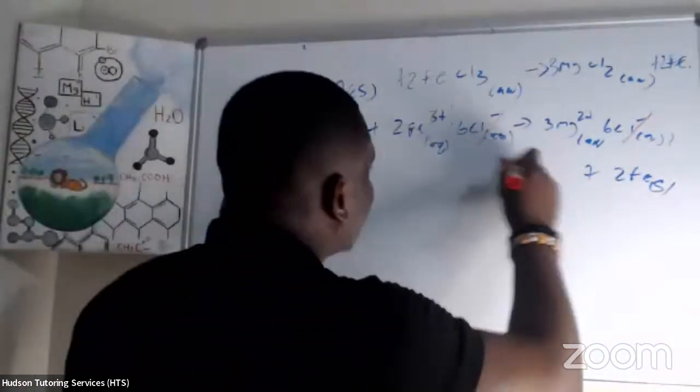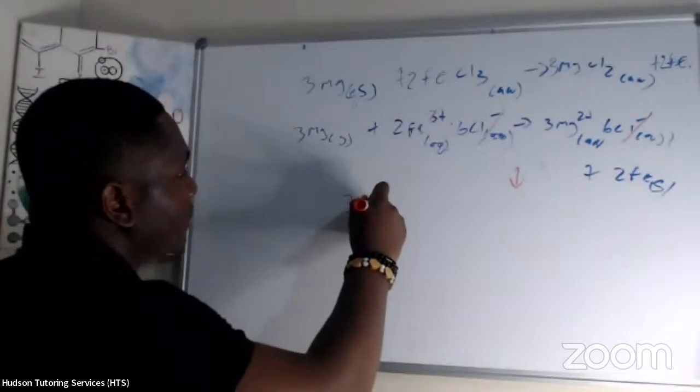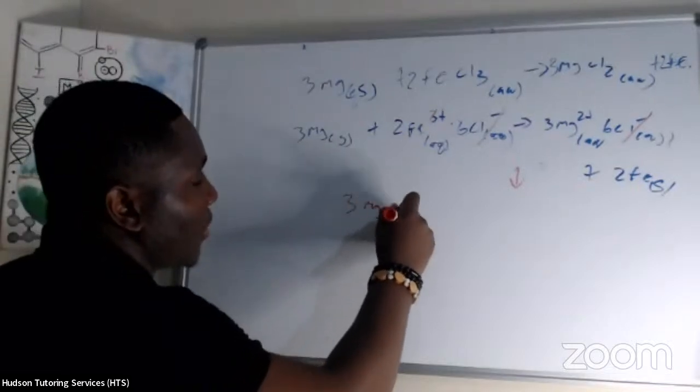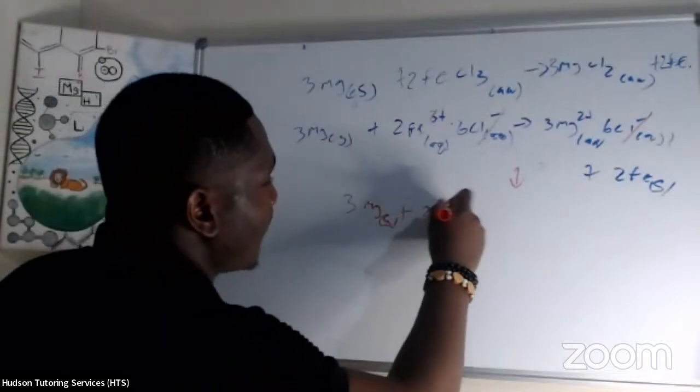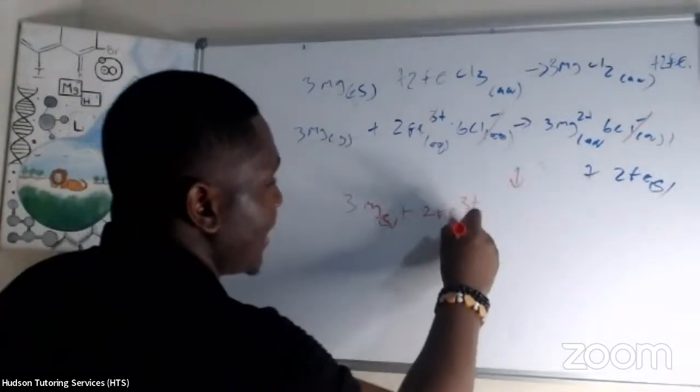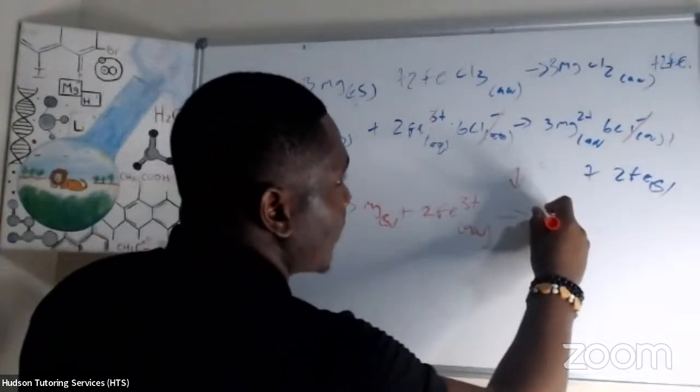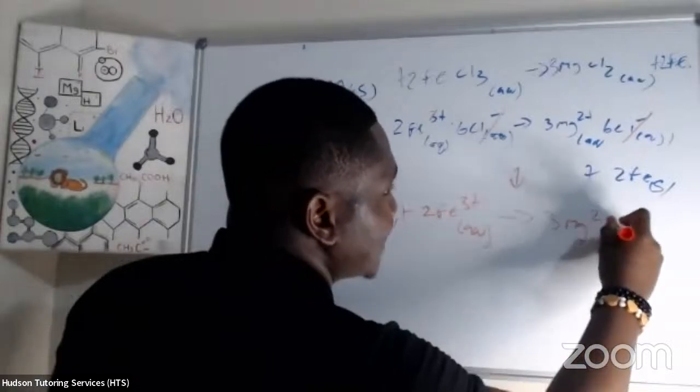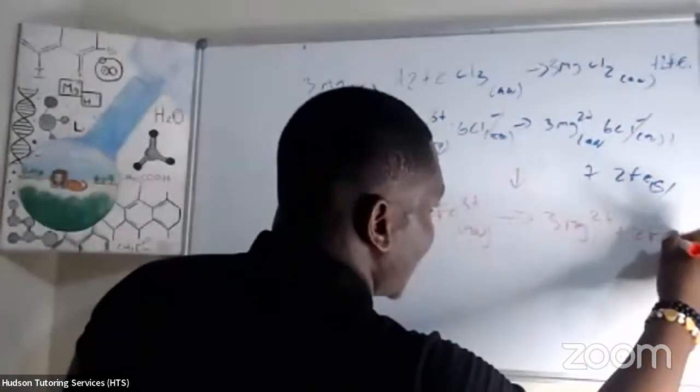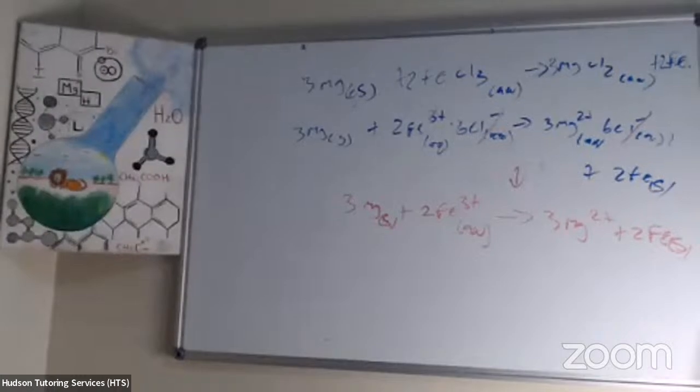That leaves us with 3Mg solid plus 2Fe3 plus aqueous to give 3Mg2 plus and 2Fe solid. And that's our ionic equation. Everybody get that? Let me know.